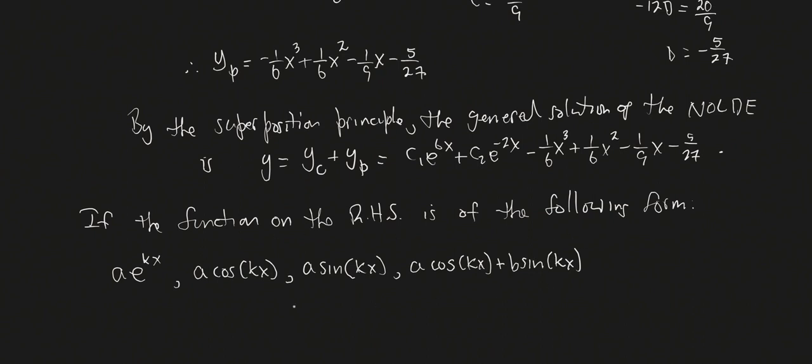So these are the types of trigonometric functions that this method works well with. And then finally, if you have some kind of polynomial, like an nth degree polynomial, so like a sub n x to the n plus a sub n minus 1 x to the n minus 1 plus dot dot dot a sub 1 x and then plus a sub 0.